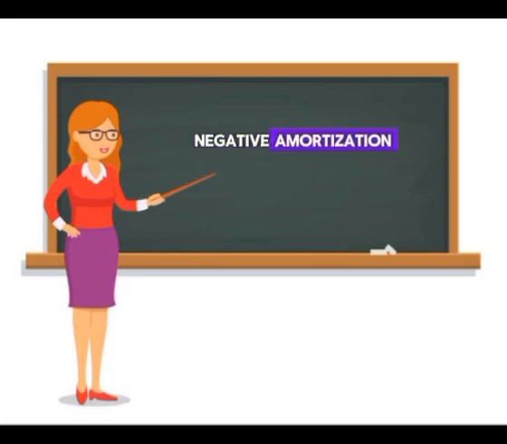Negative amortization, minimum payment insufficient to amortize the principal amount. NBFC, non-banking finance company, including various financial entities. Rescheduling, granting concession by extending the grace period without changing terms. Restructuring, granting concessions involving changes in terms, tenor, or rates.